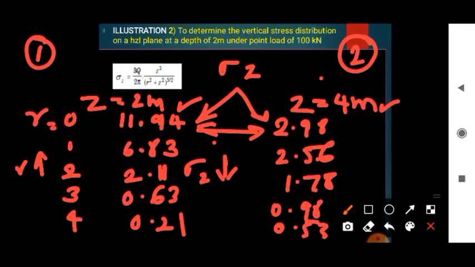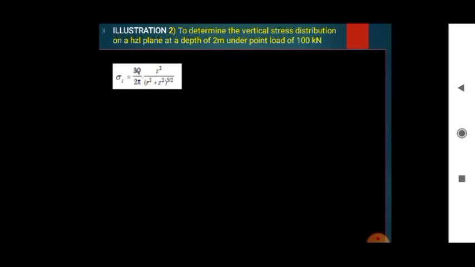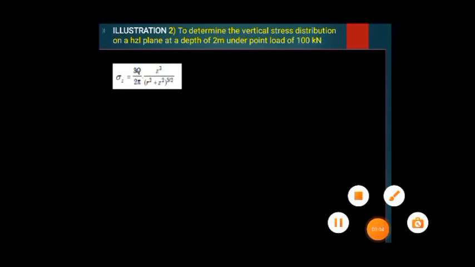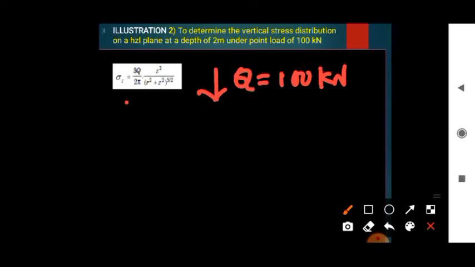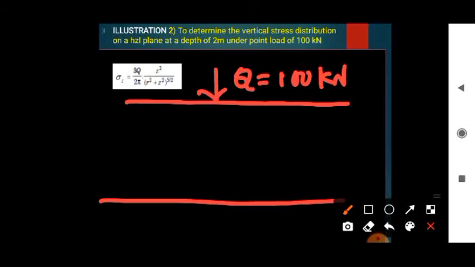Now if we plot these two sets of values on normal graph paper, the plot will be of this kind. Q is equal to 100 kilonewton, which is acting on the surface. This is the horizontal plane, and the line of action is this one beneath the point load.